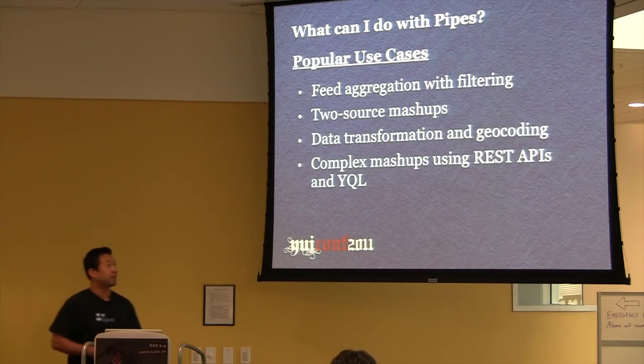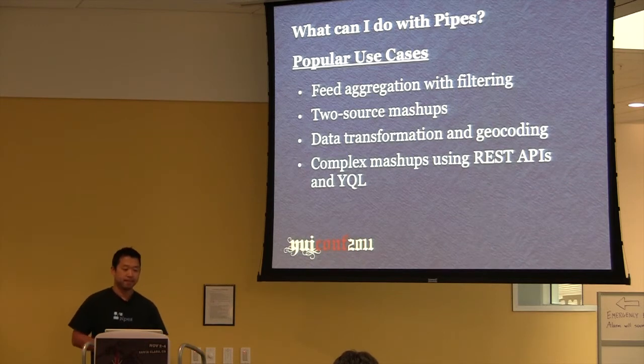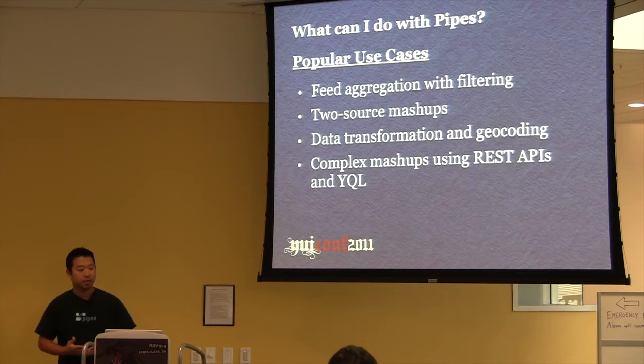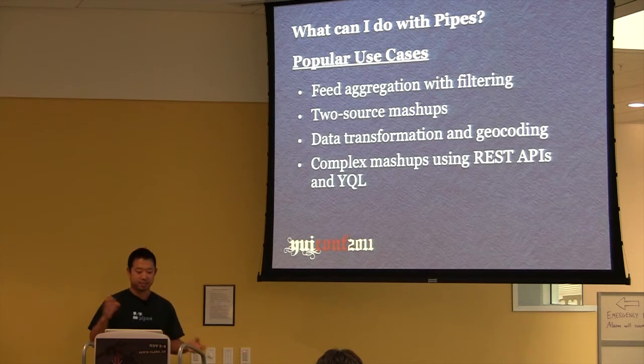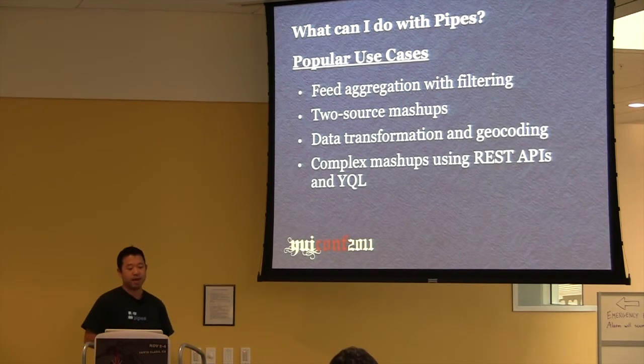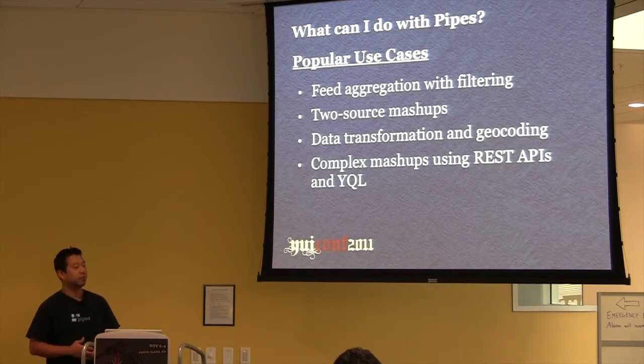Data transformation and geocoding. This is where you might have a news feed and you want to augment it. You're basically making that data richer, so you can apply a geocoding filter to it. And if you apply it to a map, you can actually see pinpoints of where a particular article might be. And complex mashups using REST APIs and YQL.